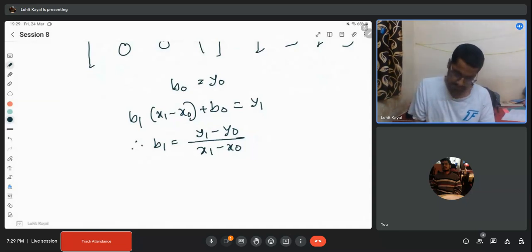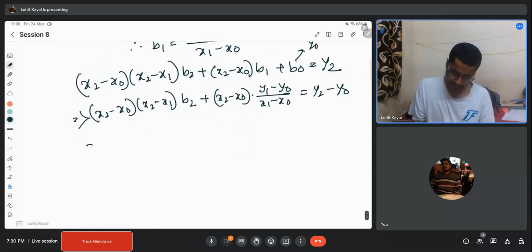So this implies (x2 minus x naught)(x2 minus x1) b2 plus (x2 minus x naught) multiplied by (y1 minus y naught) by (x1 minus x naught) is equal to y2 minus y naught, since b naught is y naught.